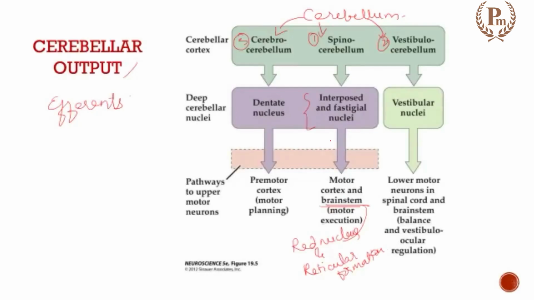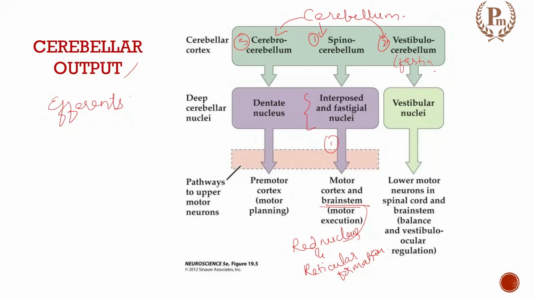Okay, that is one way. Next, via the vestibulocerebellum, it goes to the vestibular nuclei. We can talk about vestigial nucleus here also. So via the vestibulocerebellum through the vestigial nuclei, this is our second.